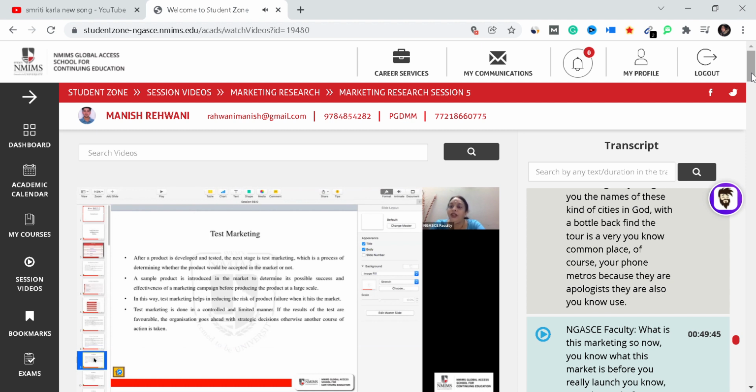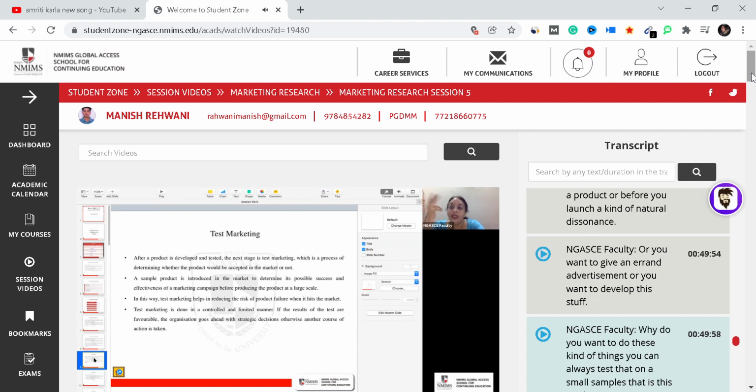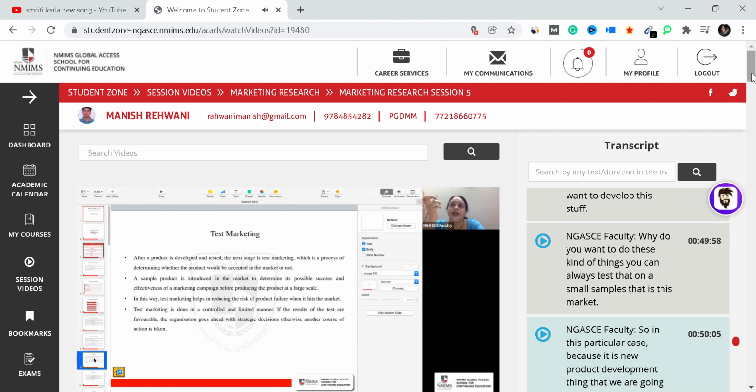Before you launch a product, or before you air an advertisement, or give a discount, you can always test that on a small sample. That is test marketing. In this particular case, because it is new product development, think that we are going to launch, we have identified the prototypes, and some prototypes have passed business scalability.